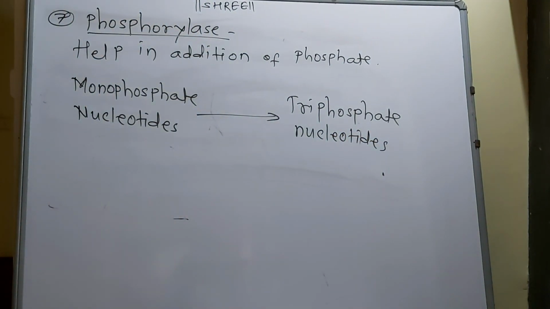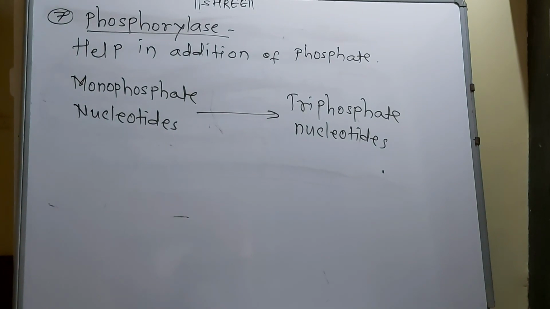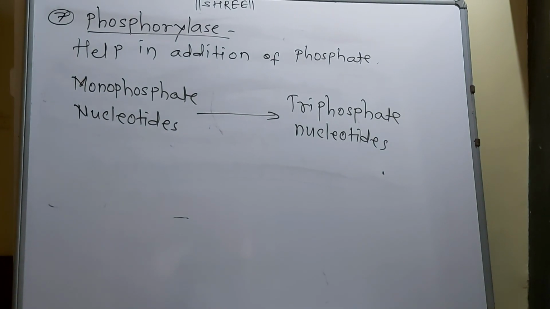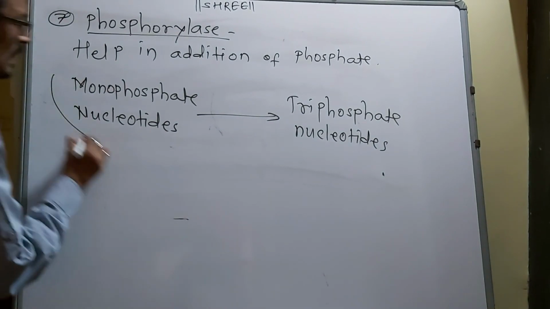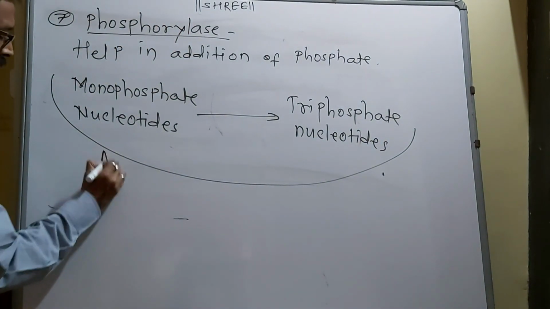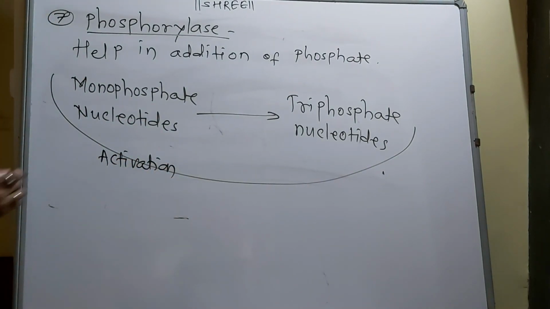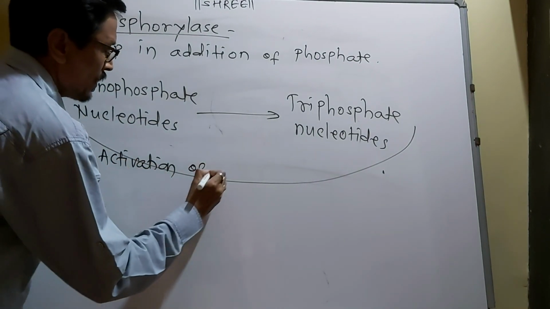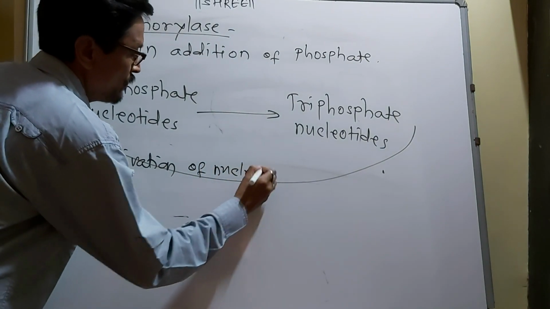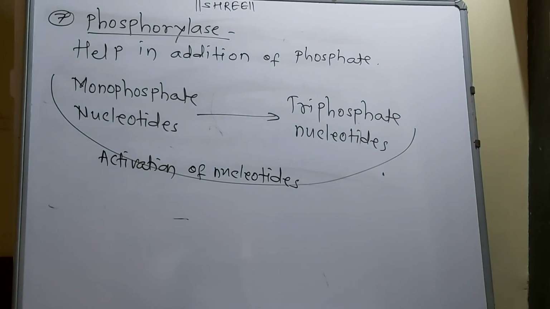This is the most important function of phosphorylase. It is responsible for conversion of monophosphate nucleotides to triphosphate nucleotides. In brief, this phase is said to be the activation phase, or simply we can recall it as activation of nucleotides. So we can also say that the phosphorylase enzyme is responsible for activation of nucleotides.